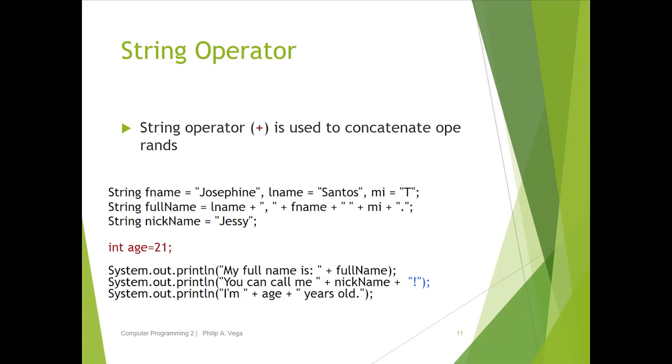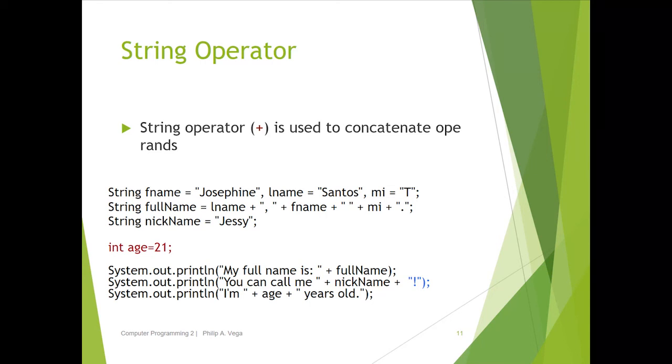We have here string first name Josephine, last name Santos, middle initial MI. If you want to print out the full name, then full name is equal to last name, plus, the concatenation symbol, which is the plus. Then last name concatenated with a string, which is the comma or any additional text you want to put so that the output is formatted and presentable.